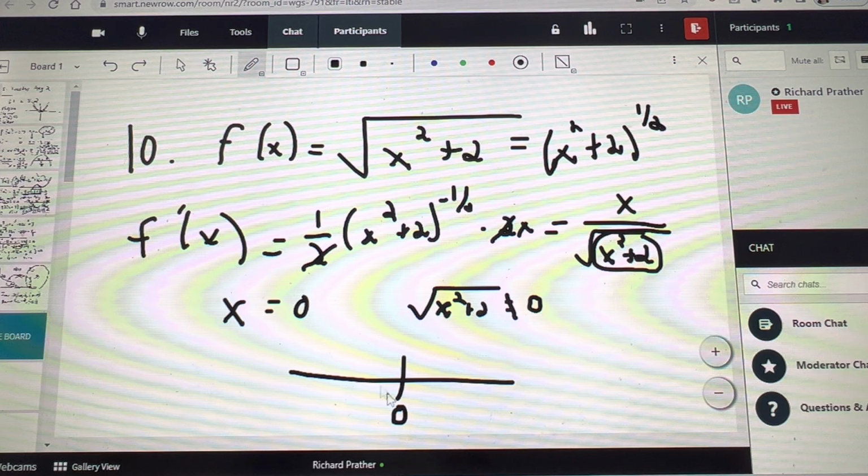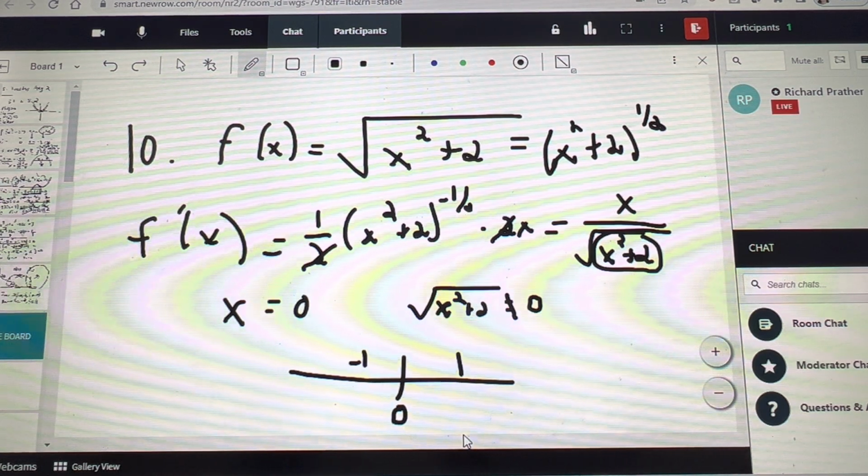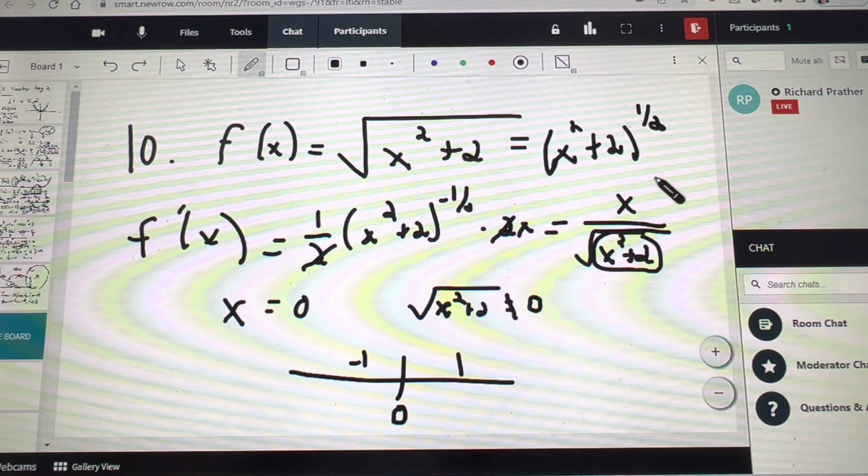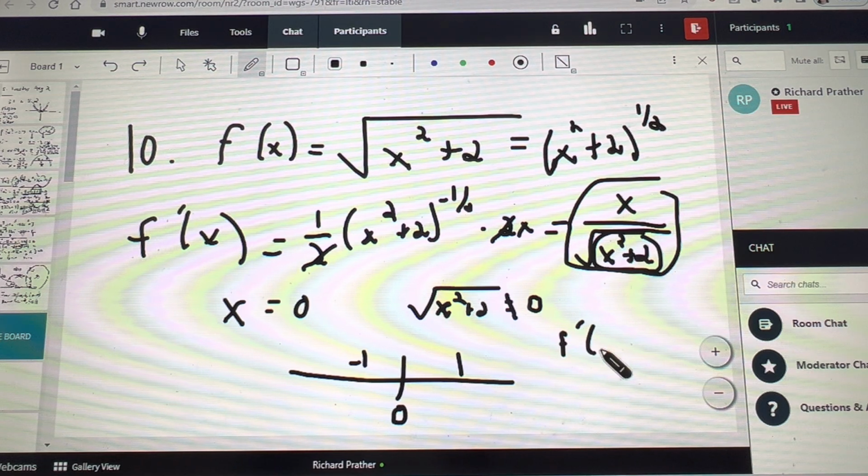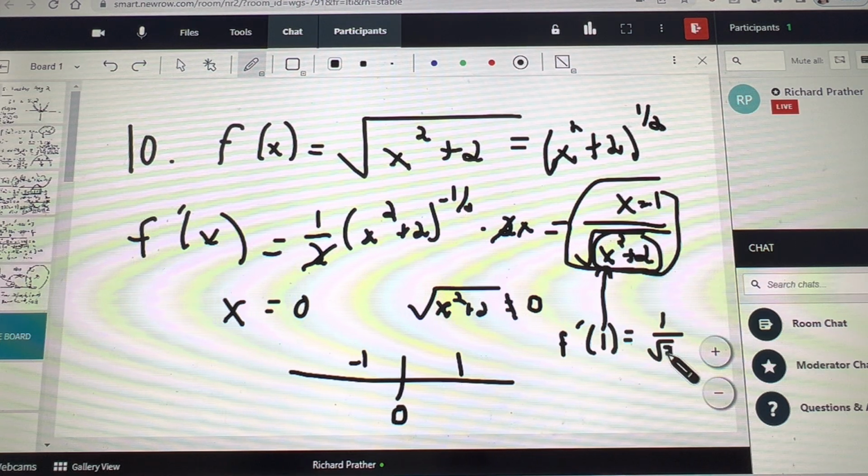So I just need to plug a -1 and a +1 into the derivative function because nothing really reduced. So f prime, let me do the easier one first. F prime of 1, you'll get a 1 in the top. And in the bottom, 1 squared is 1, plus 2 is 3, so 1 over the square root of 3.